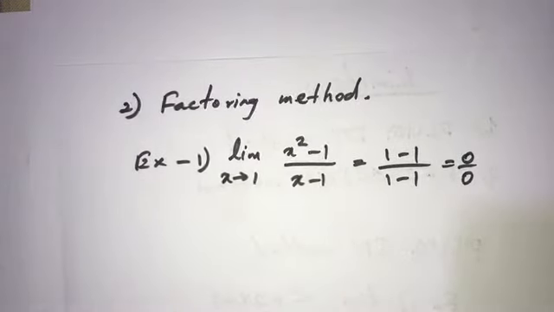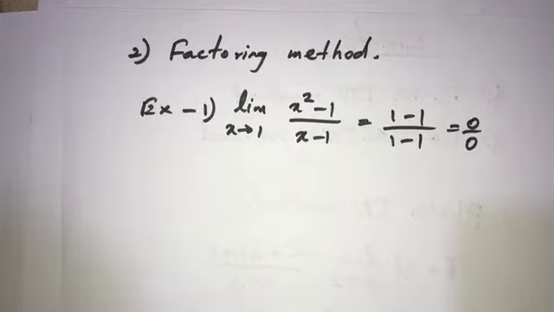This is not the answer, but don't worry, it tells us that we must use a different method to find the limit, because the function likely has a hole at the given x value. Therefore, the factoring method can be tried. To start this method, the numerator and denominator must be factored. In this case, only the numerator can be factored.